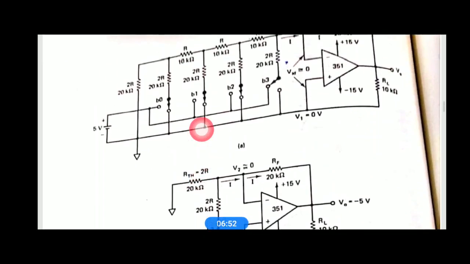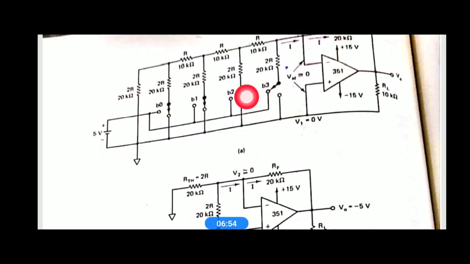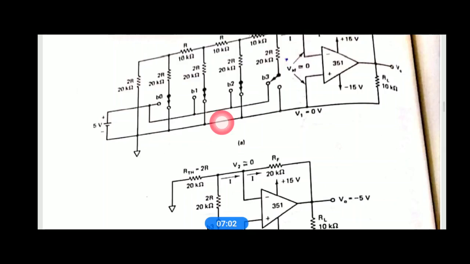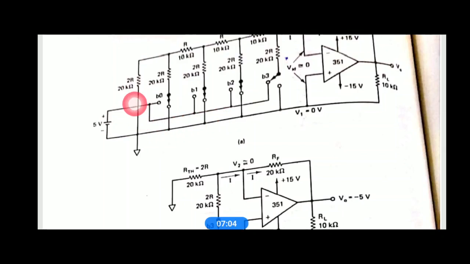So what happens when you connect B3 to 5 volt and the other inputs to 0. Here you can see, when you connect these to the ground, this resistor and this resistor are in parallel. 2R is in parallel with 2R.